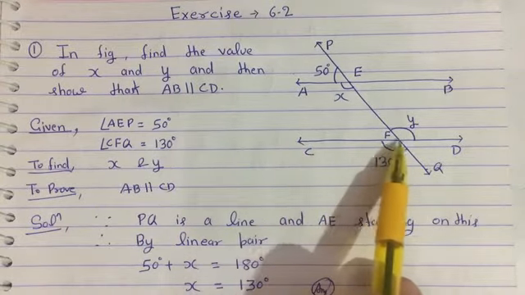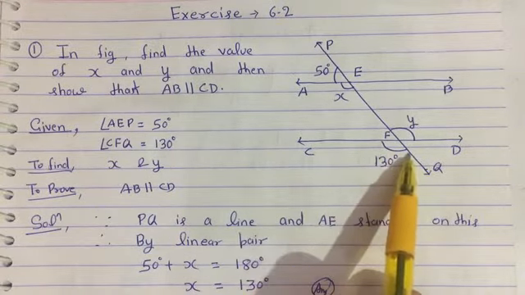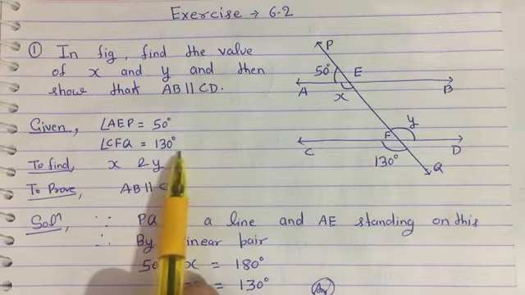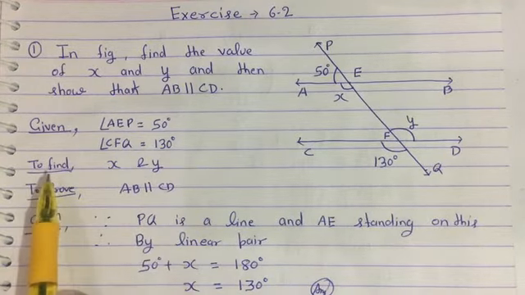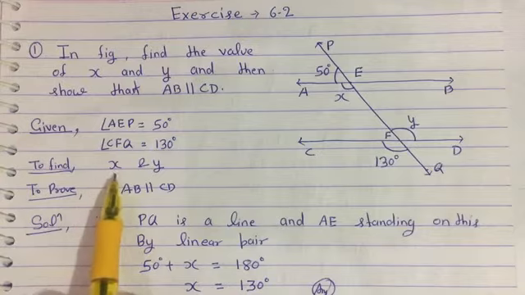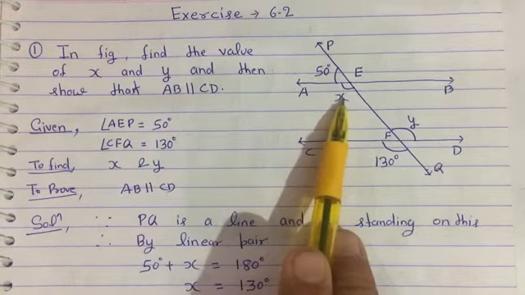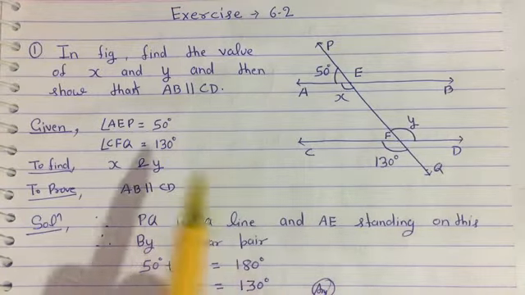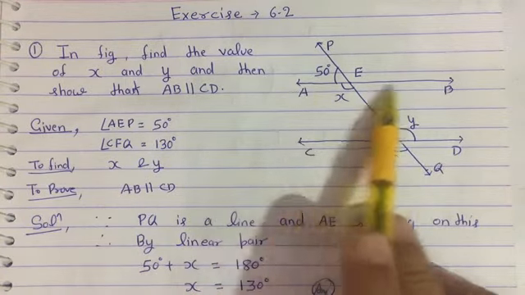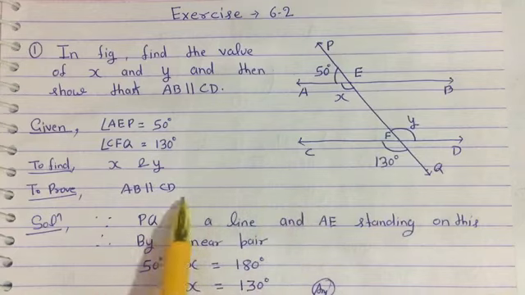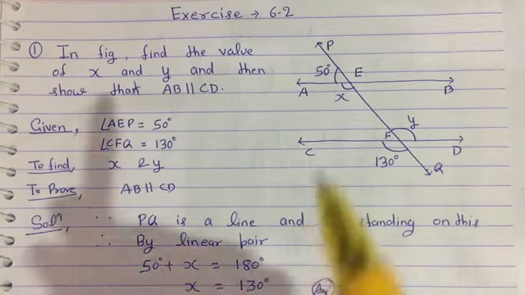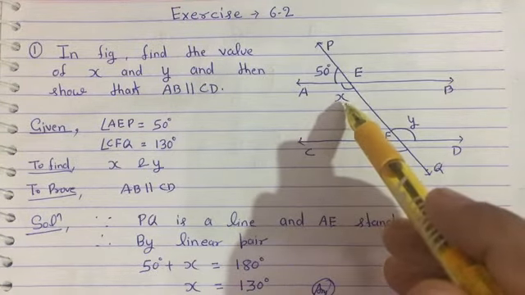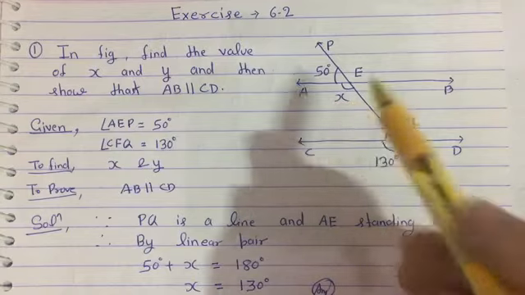Angle CFQ, this angle is equal to 130 degree, and we have to find the value of x and y. हमें x और y की वैल्यू फाइंड आउट करनी है, and we have to show that AB is parallel to CD. Okay, for this first of all we are going to tackle the value of x. सबसे पहले हम लोग x की वैल्यू फाइंड आउट करेंगे.